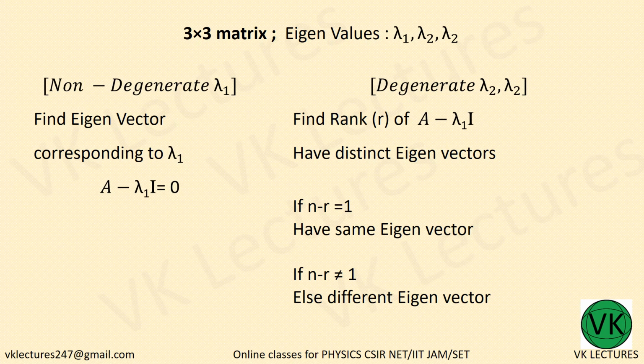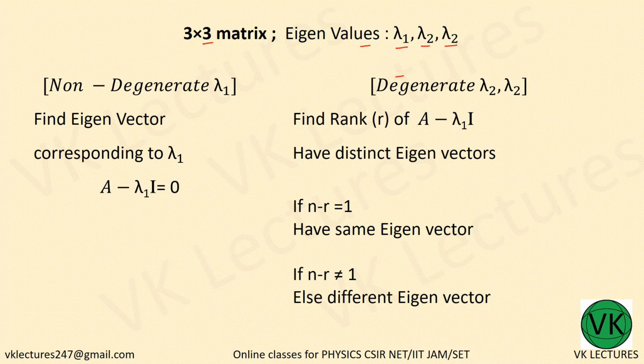For a 3 by 3 matrix, the possible eigenvalues are lambda 1, lambda 2 and lambda 3, because it is a 3 by 3 matrix.